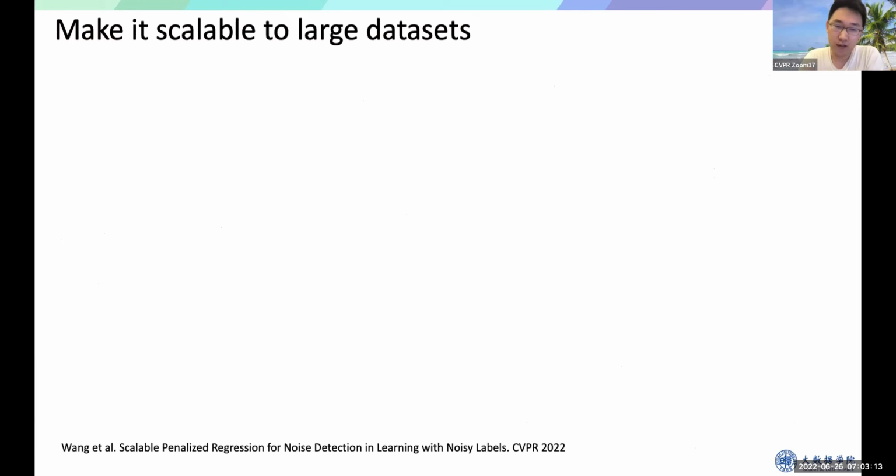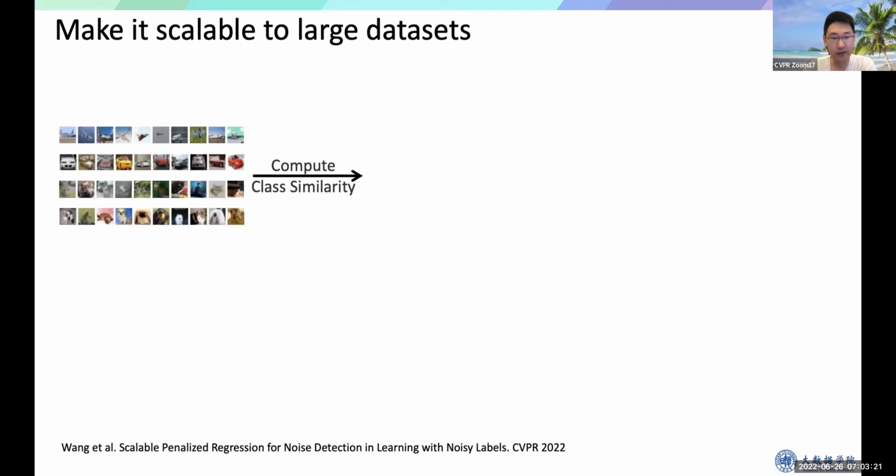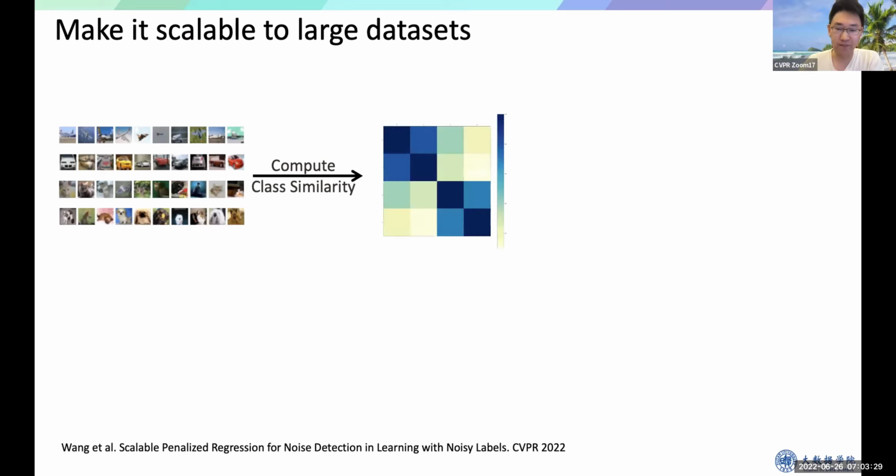To further make the linear system scalable to large datasets, we first compute the class similarity matrix and divide the most dissimilar classes into groups.